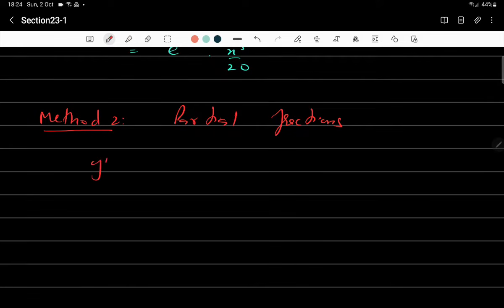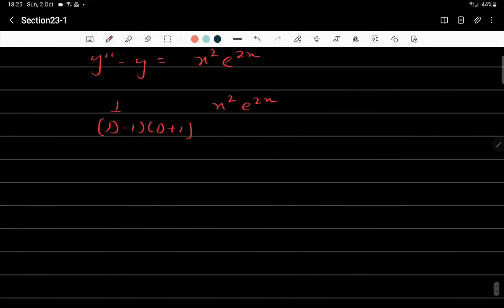For example, if I see the question y double dash minus y is x square e raised to the power 2x, so this is 1 by D minus 1 D plus 1 and x square e raised to the power 2x. Now I can use the previous method, successive integration, also, but if I use the partial fraction, then it becomes more easy because I just have to use the operator method separately.